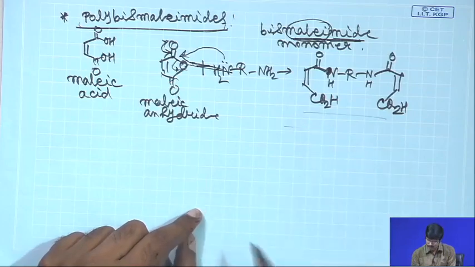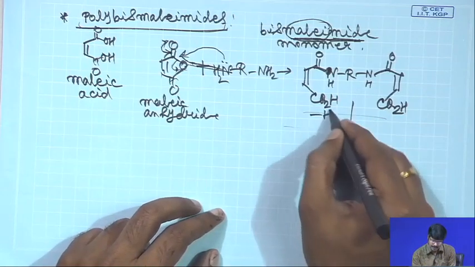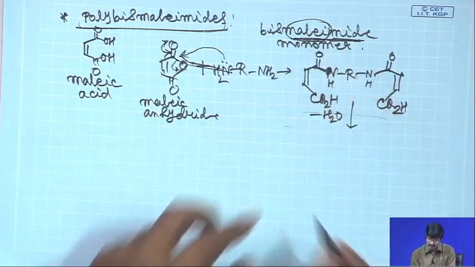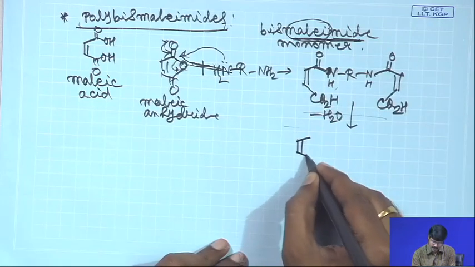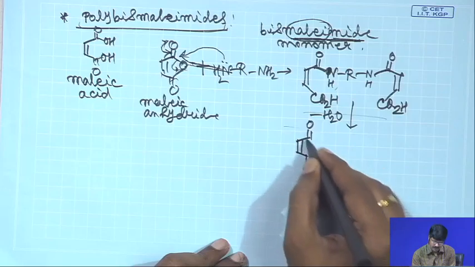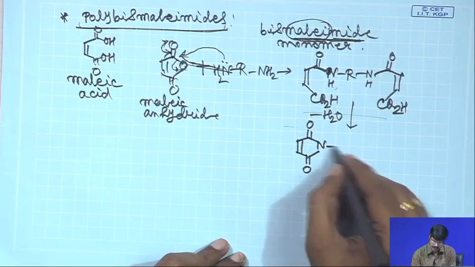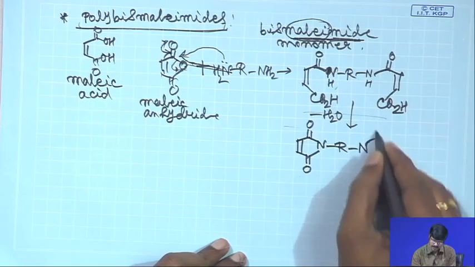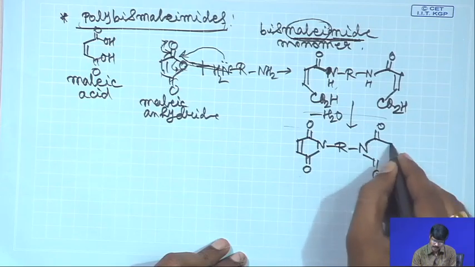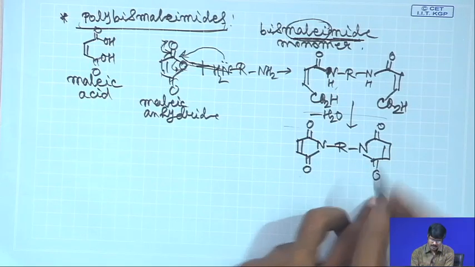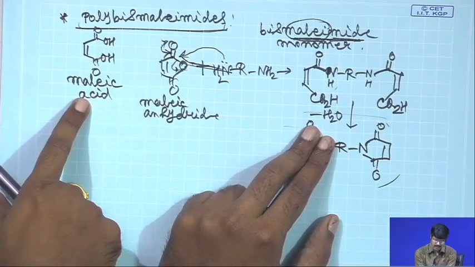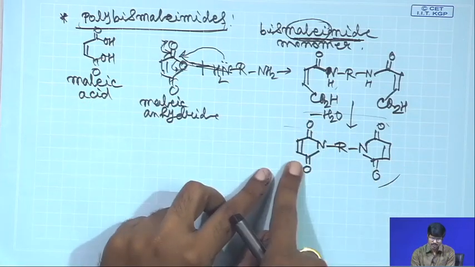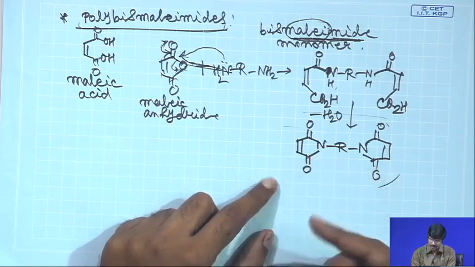So, you will get this compound, and then when you heat this up, water molecules will be removed from this side and from this side, and you will get the cyclization and the corresponding production of imide. So, this will be your imide, and this imide is produced from maleic acid. So, that is maleimide, and there are two of them, that is why this is your bismaleimide.